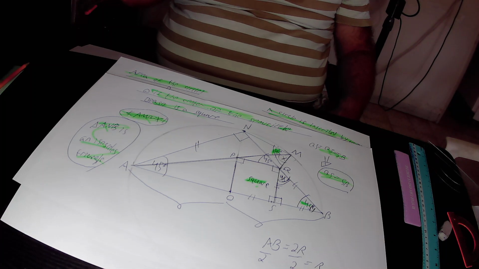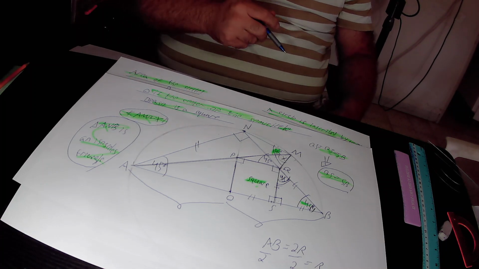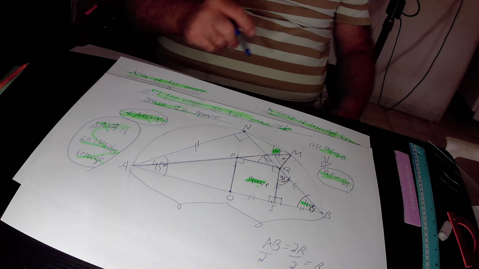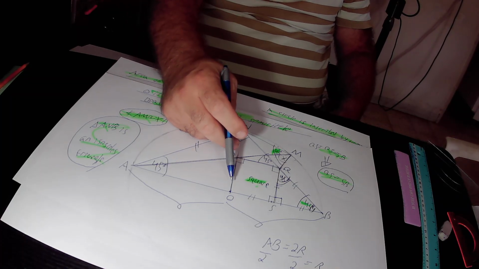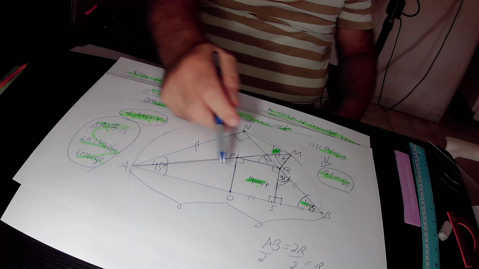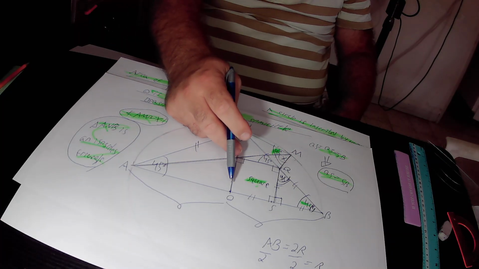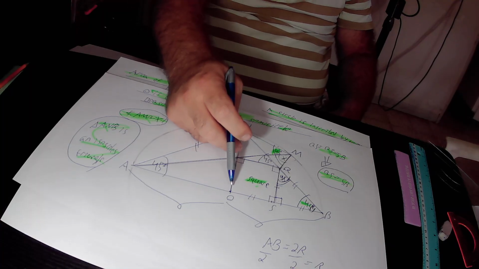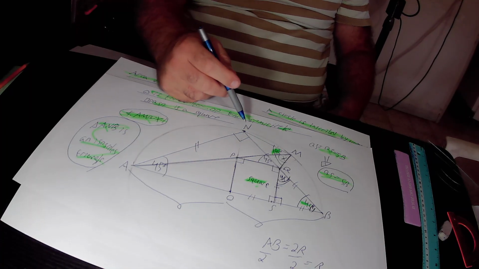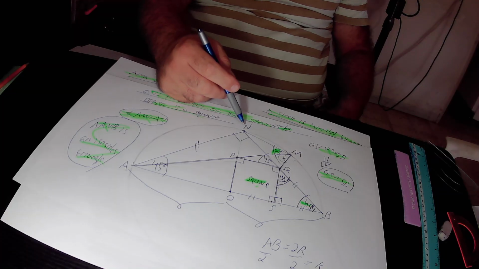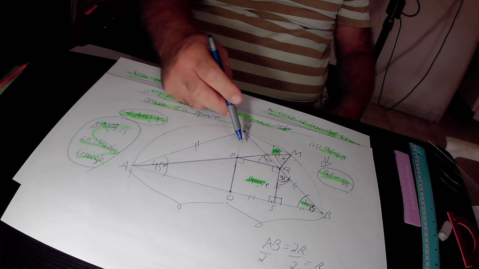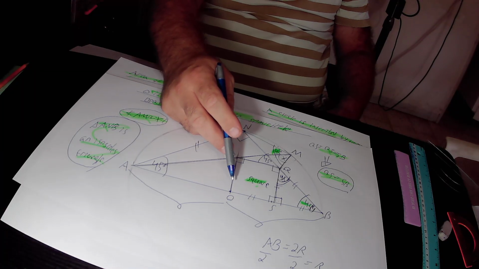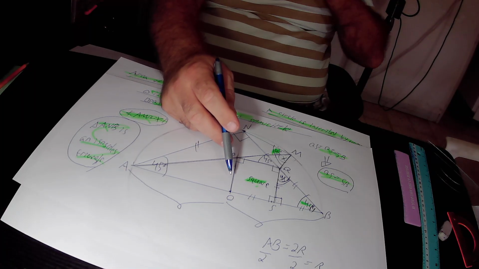And you know that AB is the diameter, and the midpoint of any diameter is at the center of the circle. Again, the midpoint of any diameter is at the center of the semicircle. The center of the semicircle is at point O. So the perpendicular from point N will touch the base AB at point O, because it bisects the base.